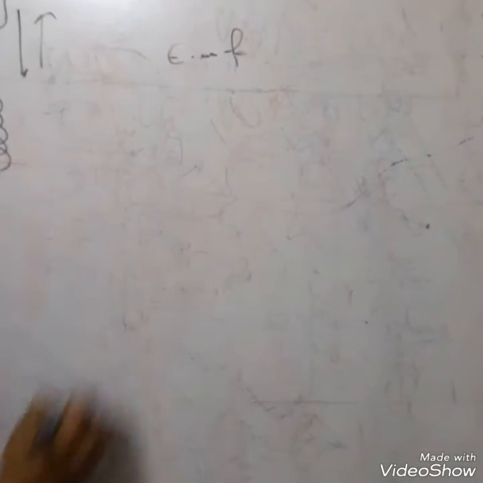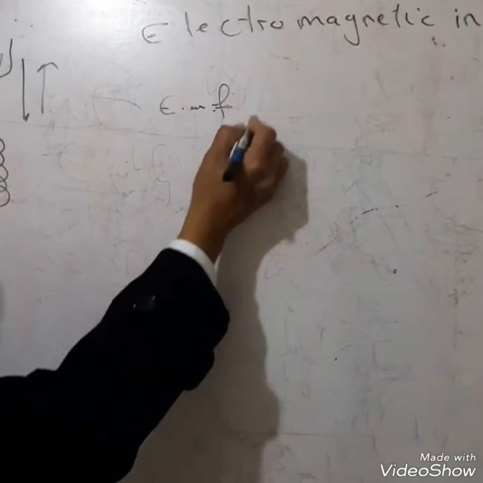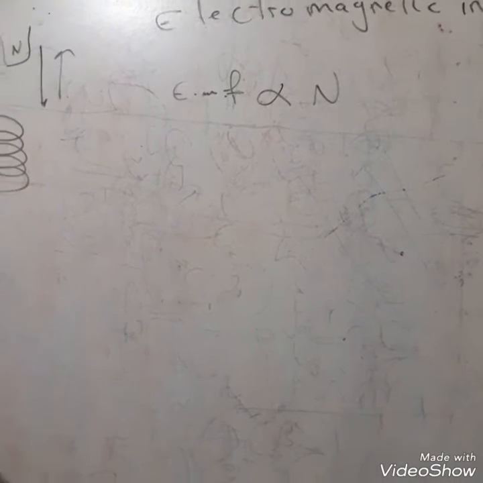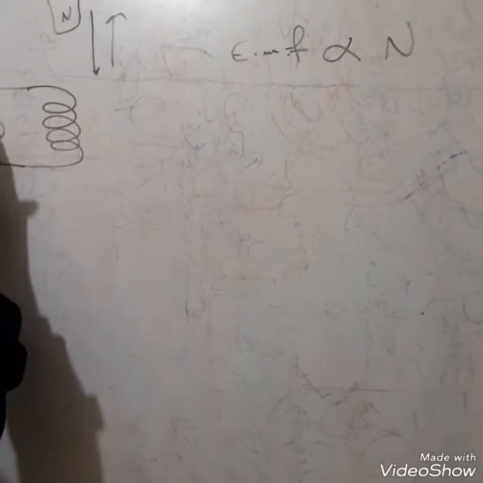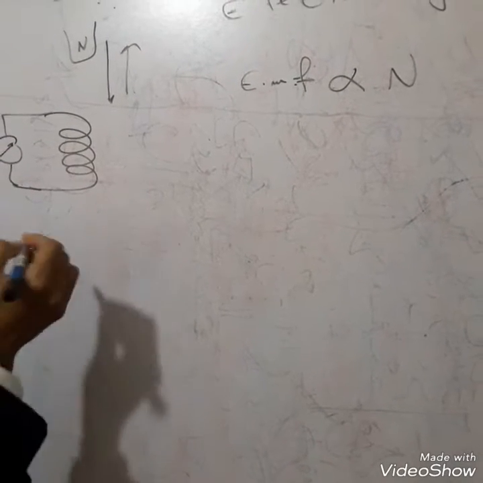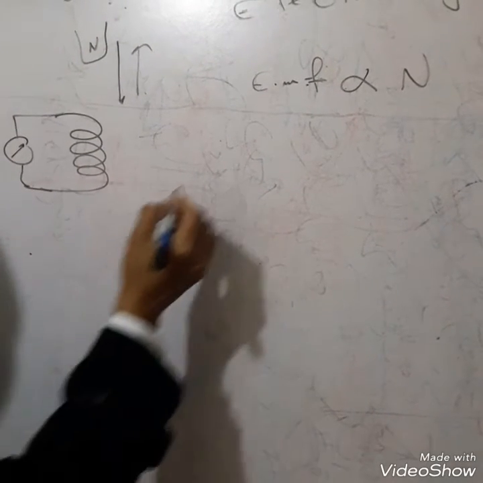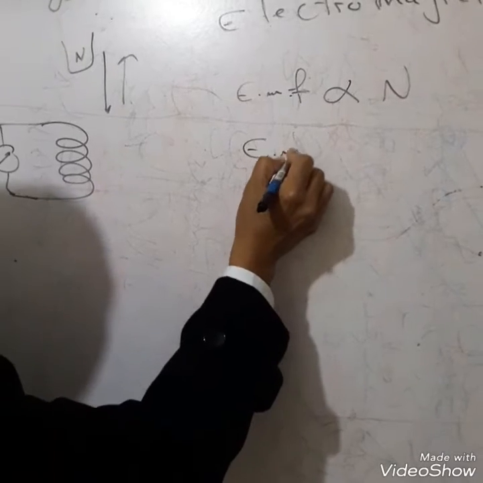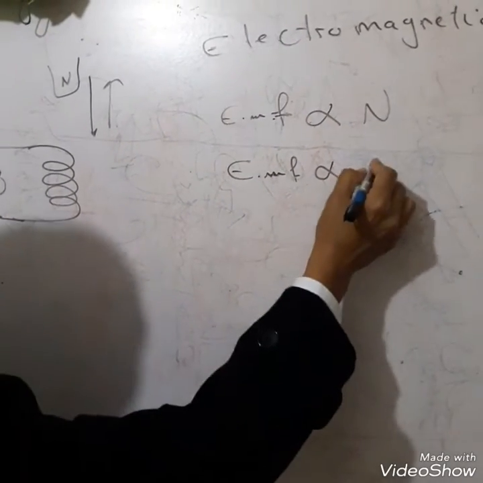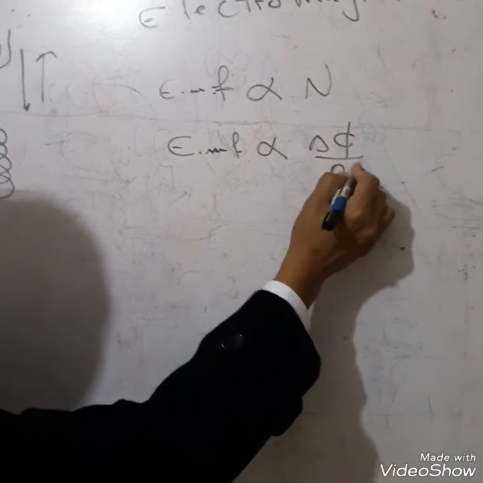Electromotive force is directly proportional to the number of turns. If you increase the number of turns, the electromotive force increases, and vice versa. Electromotive force is also directly proportional to the rate of change of magnetic flux.